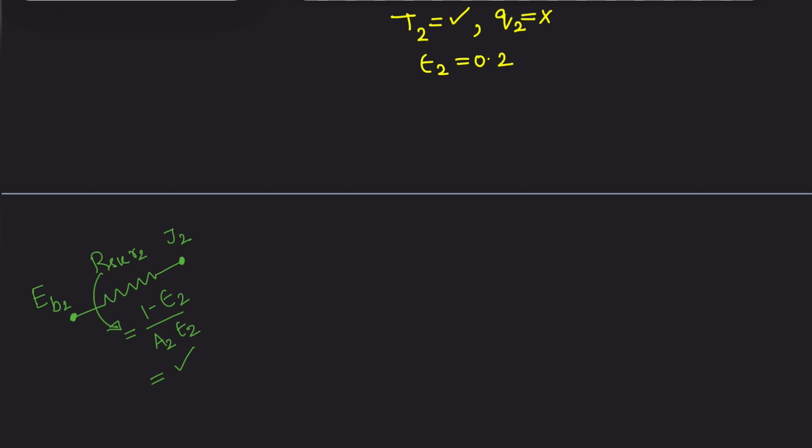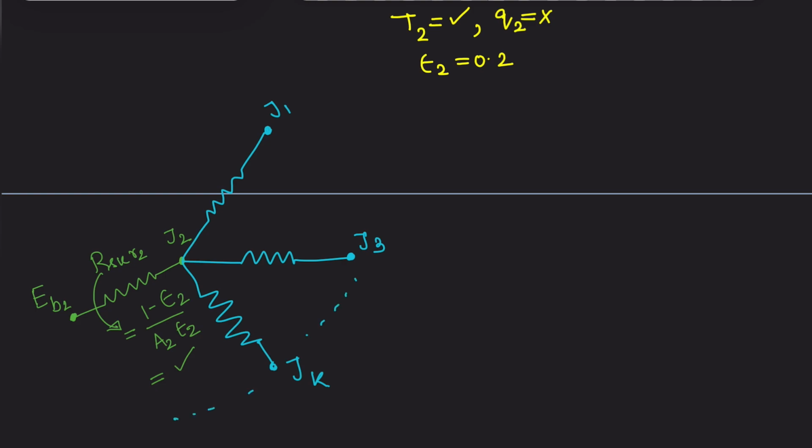Now I need to find the connection with the other 2 surfaces. So this will be J3, this will be J1. If there was any other surface, you would have drawn JK, the connection with the kth surface. Maybe there are n surfaces, then this would go up to Jn. But we don't have that many surfaces.